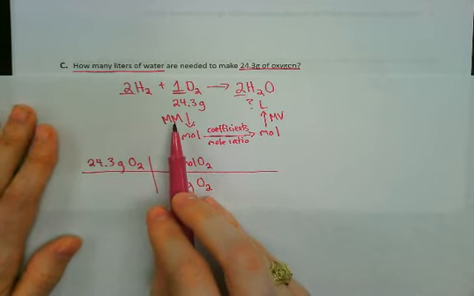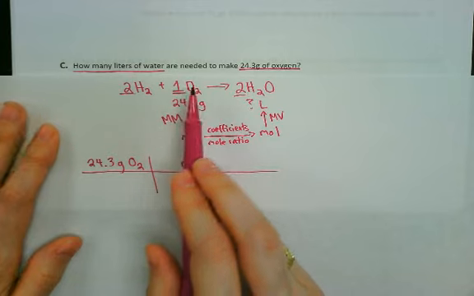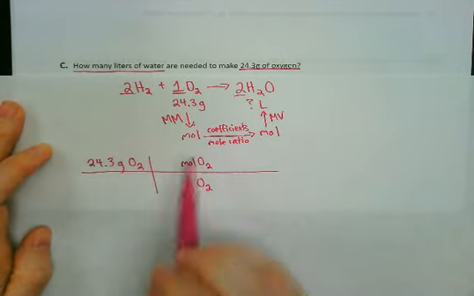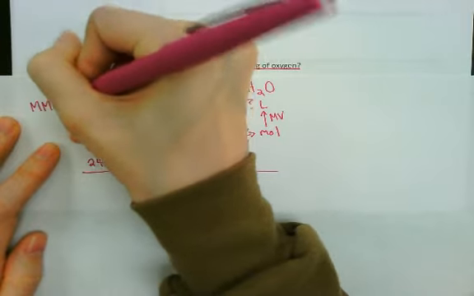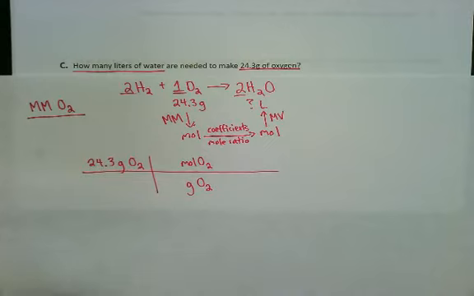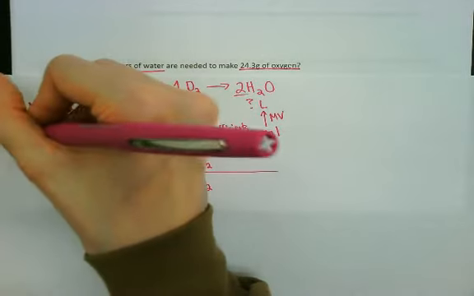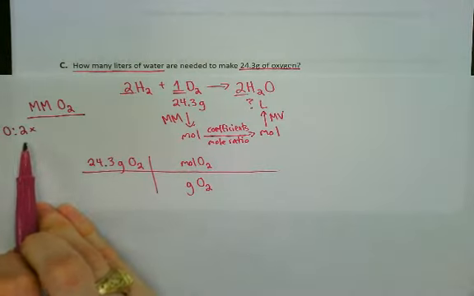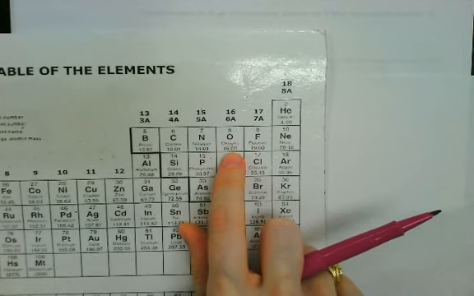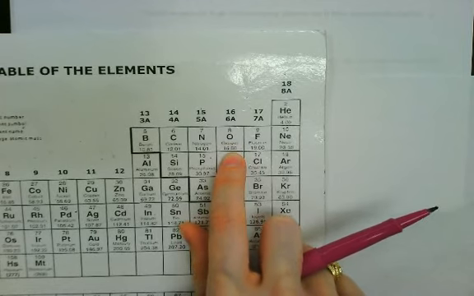I gave myself a little note here that I need molar mass. I need the molar mass of oxygen in order to convert from grams to moles of oxygen. So over here, I'm going to make myself a little note. Molar mass of oxygen. Right here, I have 2 oxygen. And if I go to my periodic table, I see that oxygen's average atomic mass is 16.00.